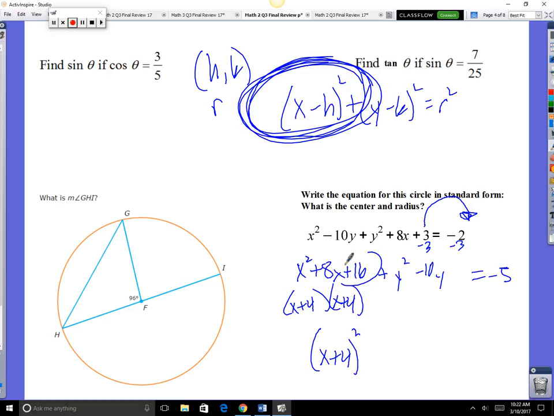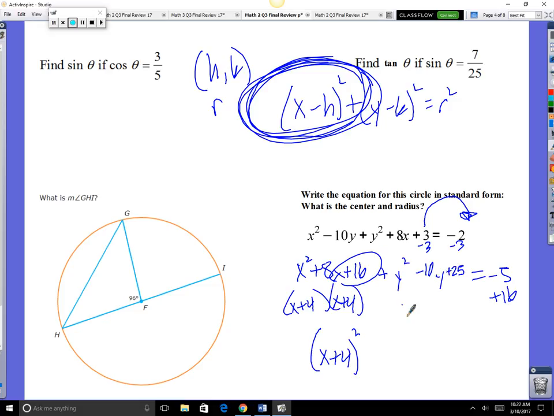So if I add a 16 on this side, over here I need to add a 16. What you do to one side, you've got to do to the other. And for your y's, the number I want is a 25. You look at your b and you cut it in half, so it's 5 times 5, so that's the number I want, the 25.